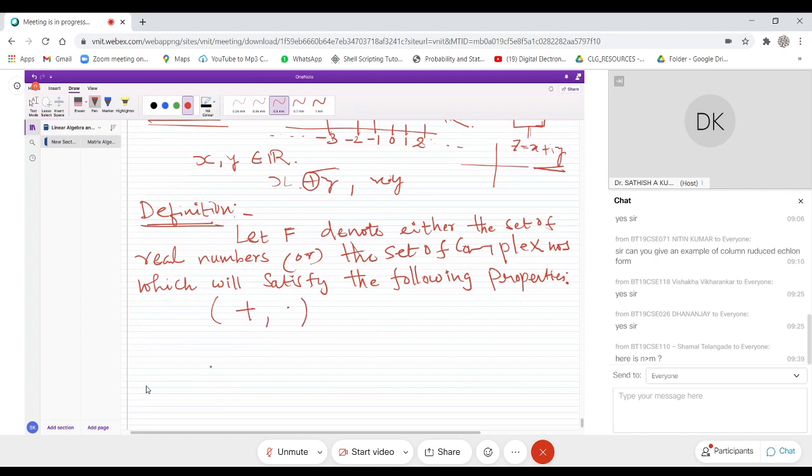We just write that down. First property.